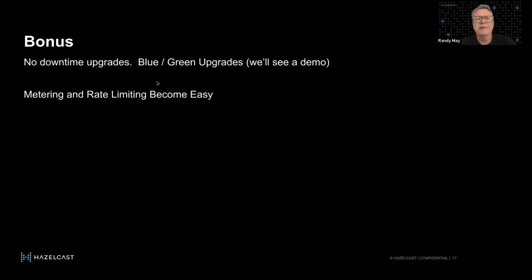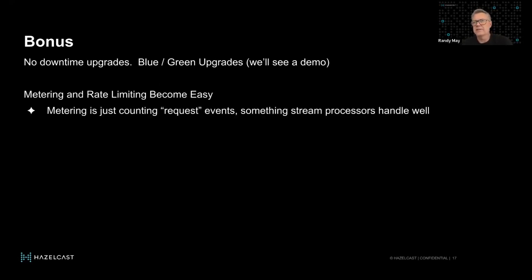The other thing is metering and rate limiting. This is something we're seeing people do more and more. Metering is very natural in an event stream processing architecture. It's more or less just counting events, right? Every time I dispatch a response, I can update a counter, maybe specific to the client.